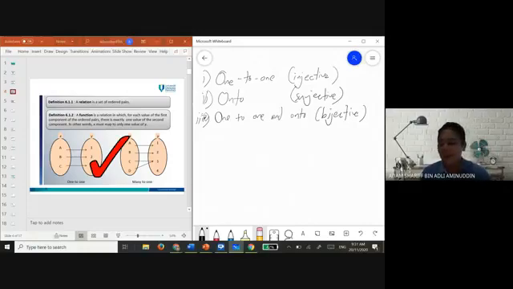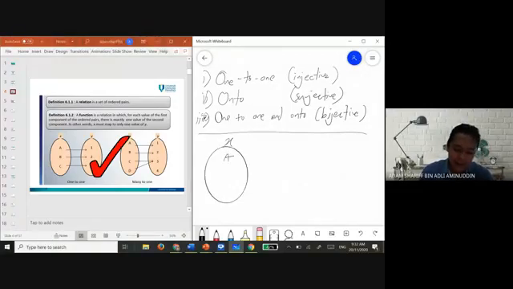1 to 1 is very literal. Memang straight to the point. So 1 to 1 kalau kamu tengok yang kat kiri ni, saya lukis balik je lah sama je. Nak bagi kamu nampak beza dia. Domain X kepada kodomain Y 1, 2, 3.